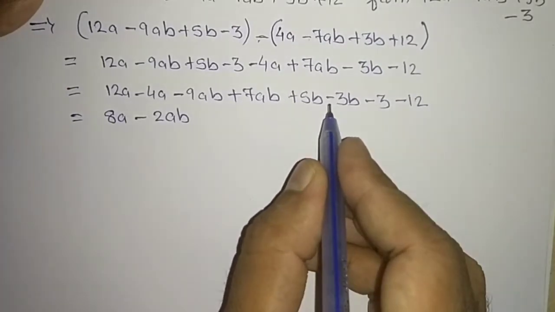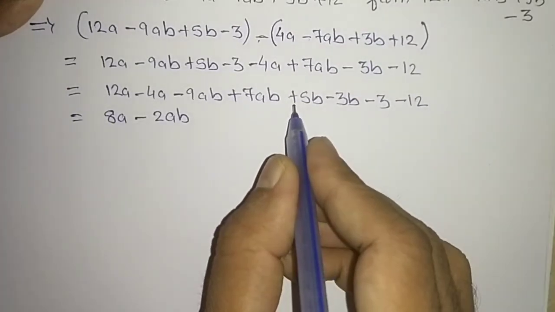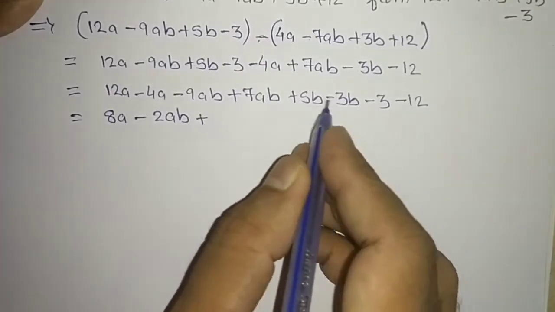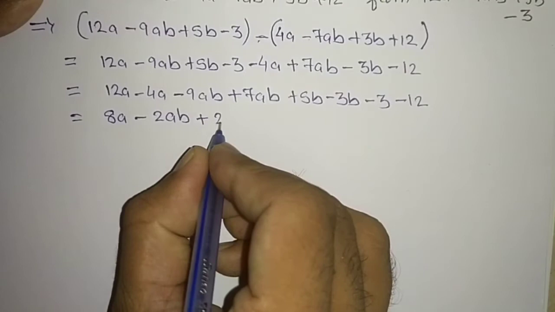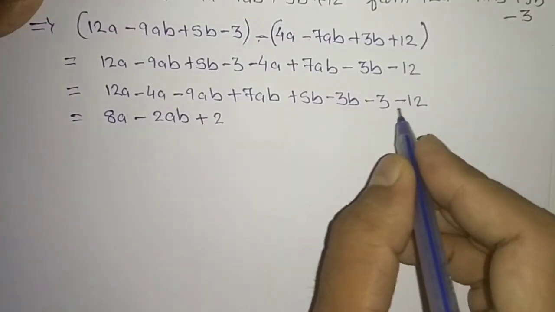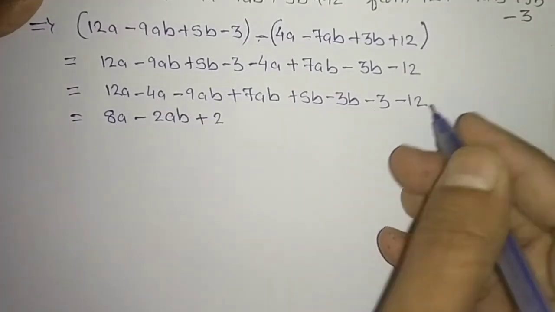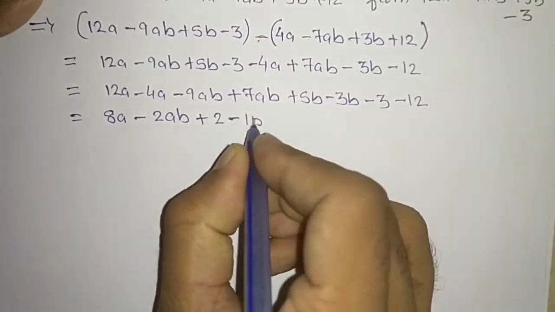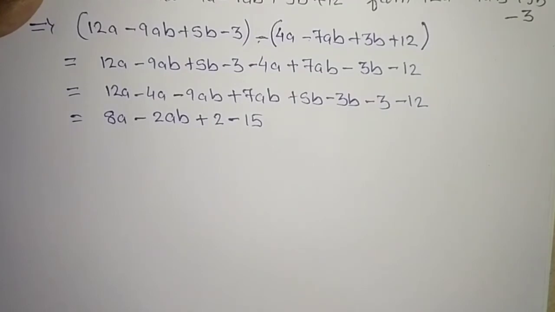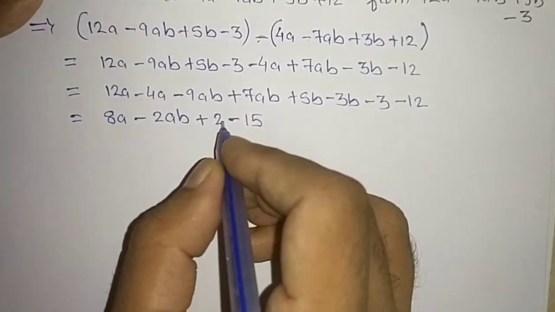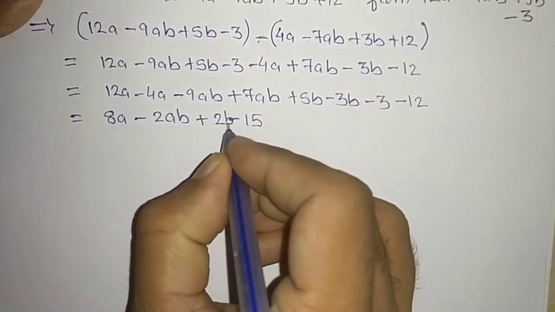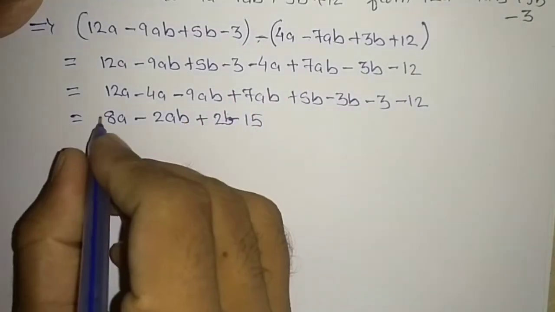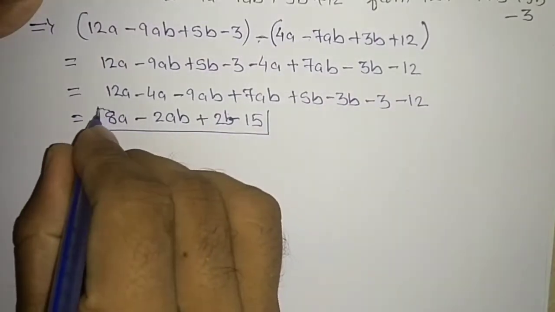Now plus and minus, clearly the value of plus sign is greater, so we will keep plus sign and subtract the numbers. 5 minus 3, 2. Now this is minus 3 and minus 12. We will add them and keep the same sign. 3 plus 12, 15. So this is how we calculate, but here I have forgotten, it is 2b. 5b minus 3b will give me 2b. So this is our answer.